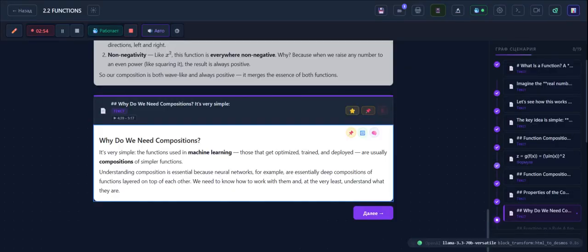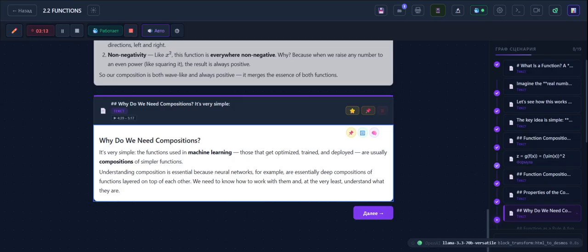So in machine learning, this is the way we use functions all the time, and it's very rare that we use simple functions in any task that we have.